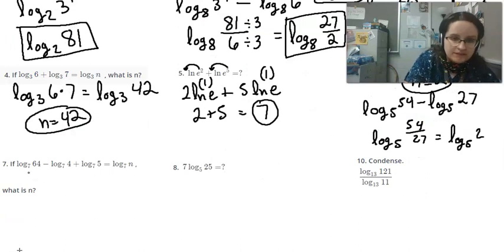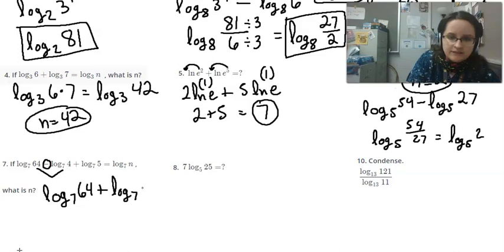Number 7, if log 7 of 64 minus log 7 of 4 plus log 7 of 5 equals log 7 of n, what is n? So first we're subtracting these two logs. Another way you could think of this property is to rewrite this with the negative 1 in the exponent. So we could think of it as log 7 of 64 plus log 7 of 4 to the negative 1 power.